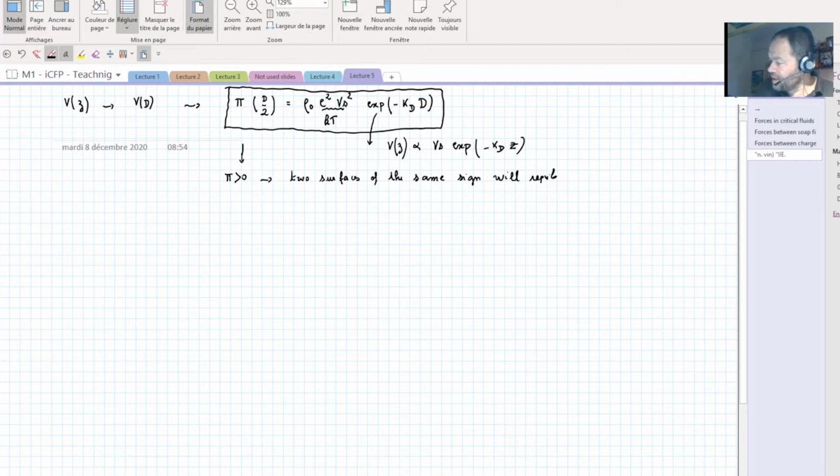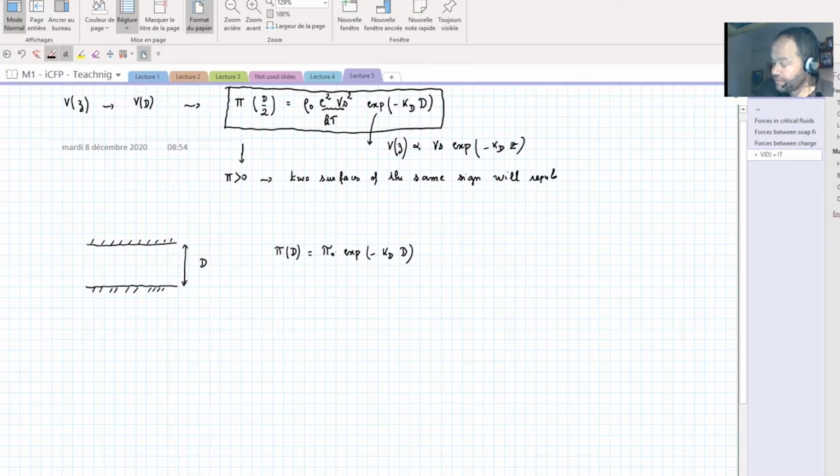Okay, so the idea is now that, if I come back to the physics of the problem, if I have two surfaces separated by a distance d, I will have a force between the surfaces, or pressure, because the force is proportional to the area of the surface, which looks like P0 exponential of minus kappa d.